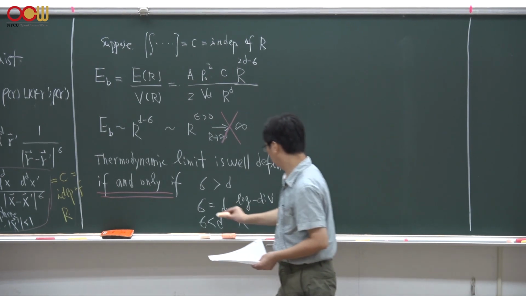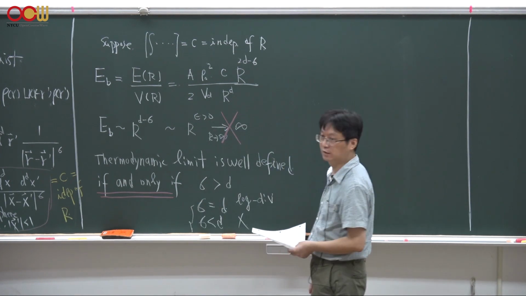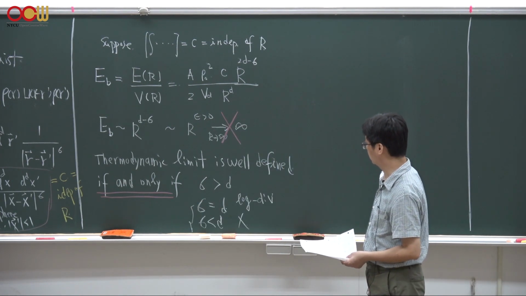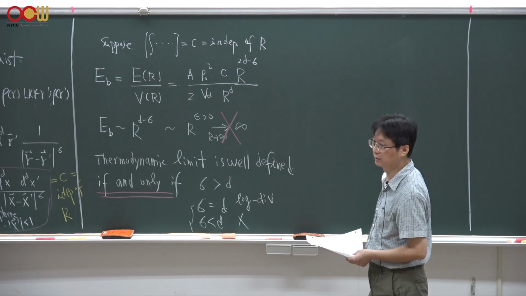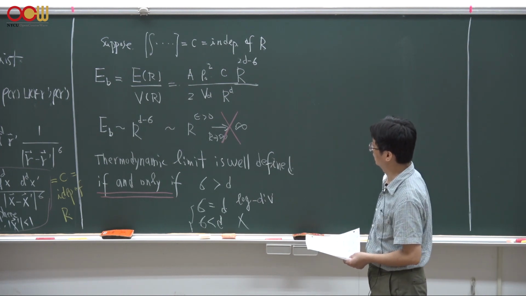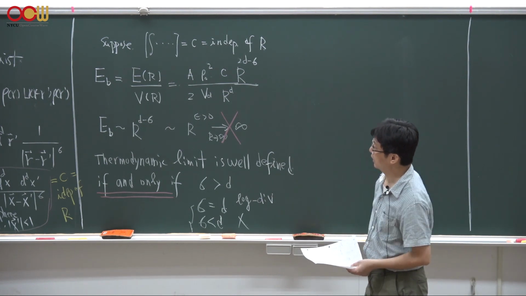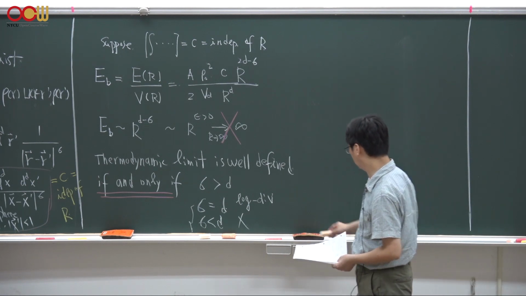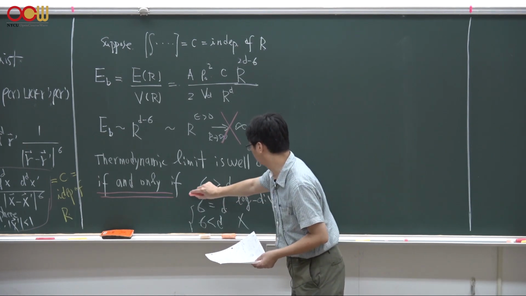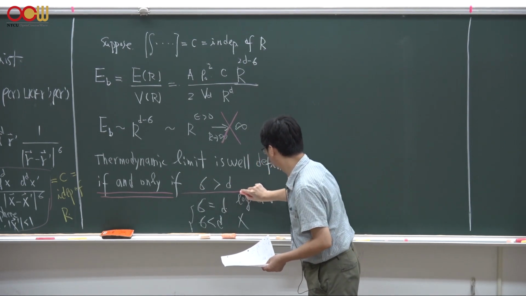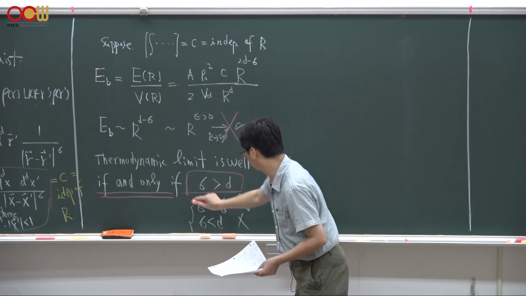So clearly there is a criterion telling us under what circumstances we do or do not have the thermodynamic limit. In this simple calculation, we find that the thermodynamic limit exists if and only if sigma is greater than d.